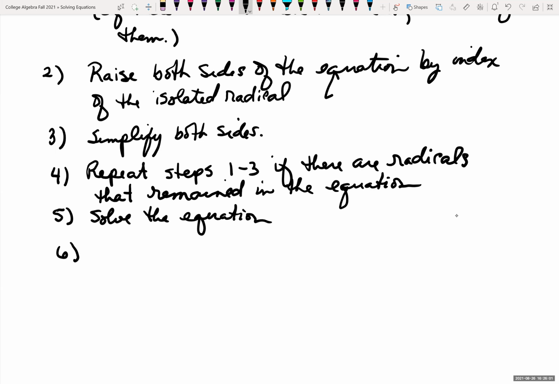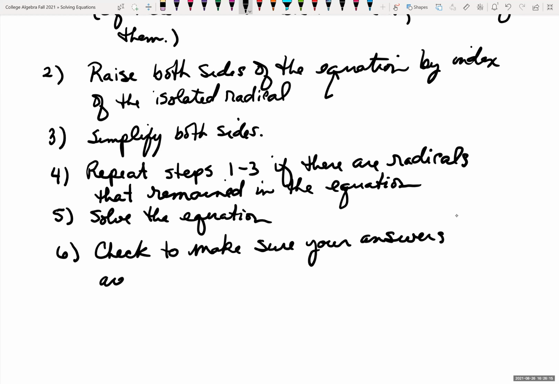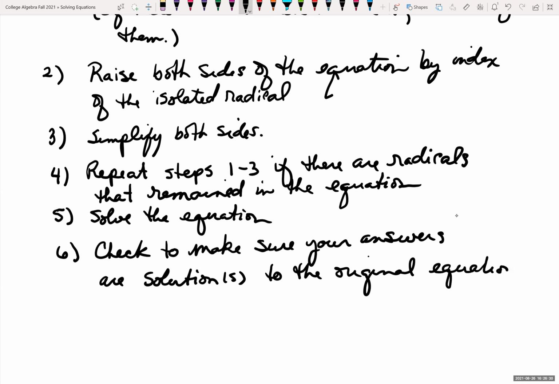And so we always need to check your answers, our solutions, to the original equation if you raise both sides by an even power.